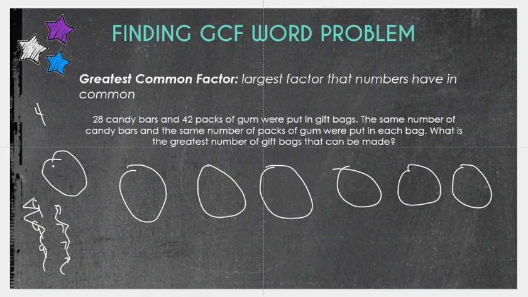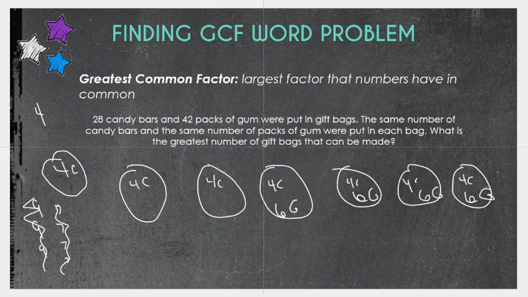So we could do 4 candy bars in each bag, and then we can do 6 gum in each bag. All right, so it looks like we can make 7 bags.